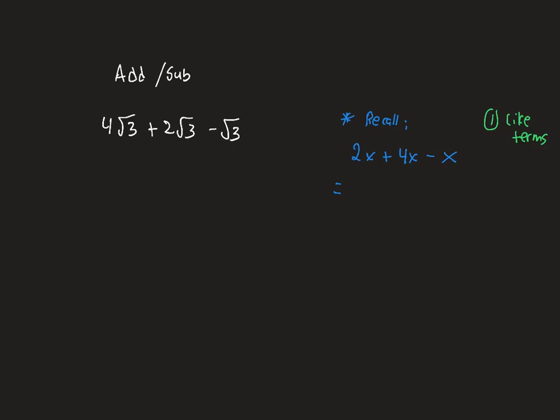And remember, the like term has to be the same letter, same exponent, same stuff has to be happening. So here I have an x, here I have the same x, here I also have an x. These are all like terms, which means I could do the same thing as saying this is 2 apples plus 4 apples minus an apple. How many apples do I have left? Well, 2 plus 4, I have 6 apples minus an apple. I should have 5 apples, or 5x.